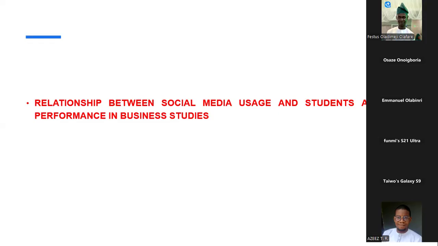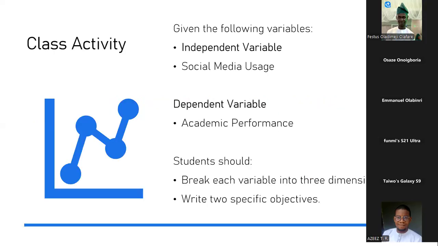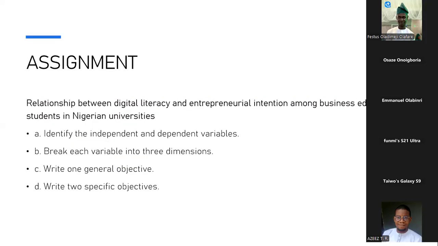Thank you. All right. So now the next thing for us to do is to take our assignment. So that is our assignment. As you can see on the board, we have a correlational study titled Relationship Between Digital Literacy and Entrepreneurial Intention among, okay, let's do it like this.